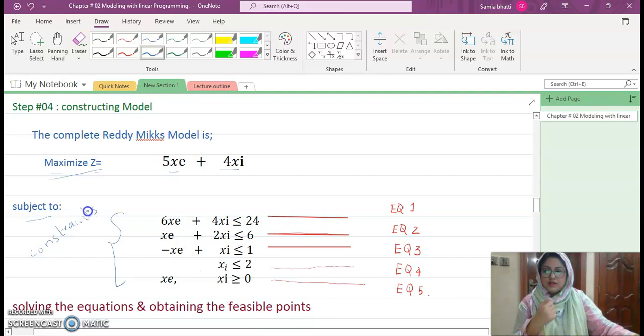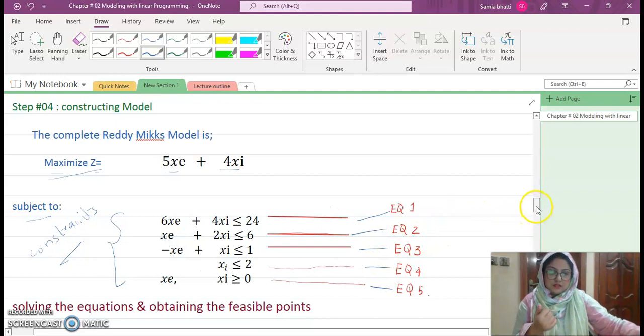All of the constraints are put in an order, like xe under xe and xi under xi, and the values together. In the end we have the non-negativity constraint that was also there, and then we can label them as equation number 1, 2, 3, 4 and 5, which will be helpful later on when we will be making graphs.